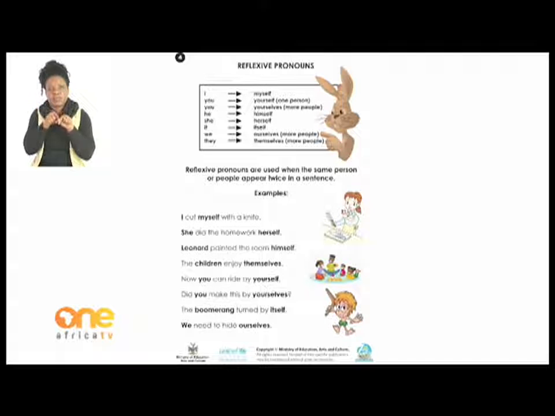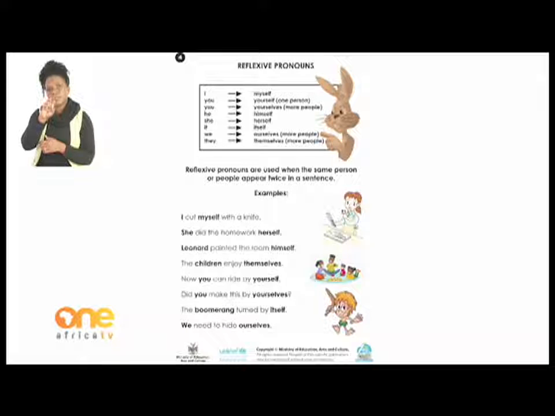I is an example of a personal pronoun, but when we have to refer it to a reflexive pronoun, it becomes myself. Quickly, before we come to the example, I want to highlight one important thing, and that is reflexive pronoun usually ends with self or selves.